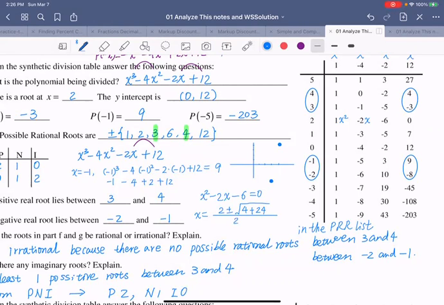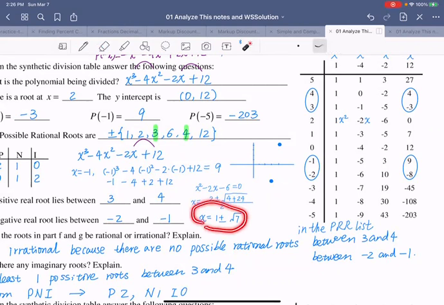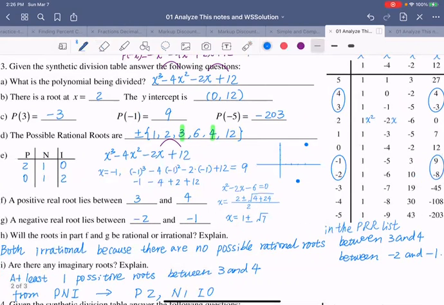Okay. That's right, right? Yeah. So this shows that 1 plus square root 7 is a positive radical.